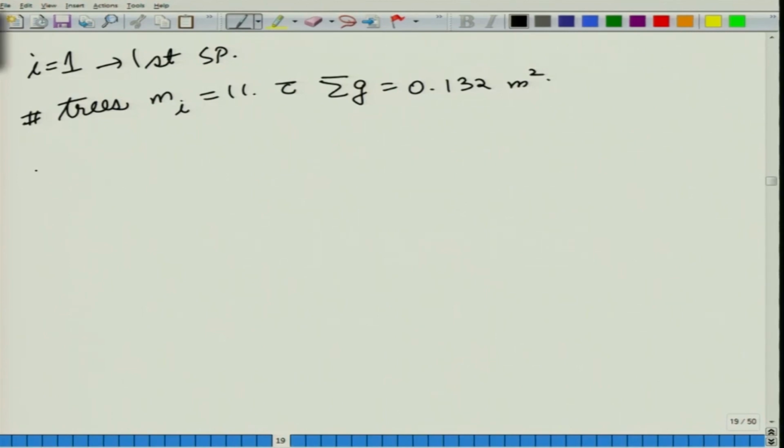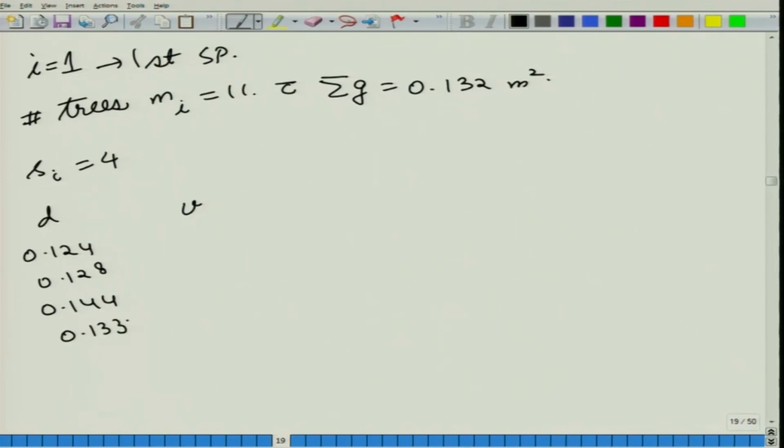Out of these you took 4 trees in your subsample plot. For those 4 trees you have the diameter and the volume values given: 0.124, 0.128, 0.144, 0.133, and the volume is 0.15, 0.13, 0.16, 0.11. That is something that has been given to you. So, this is for each individual tree in the subsample plot.